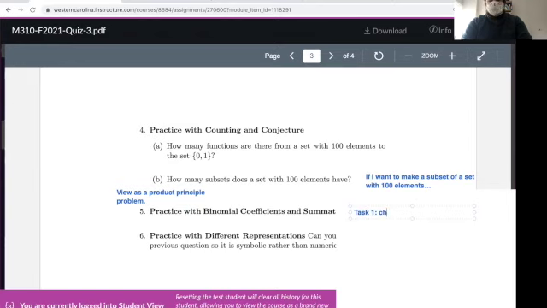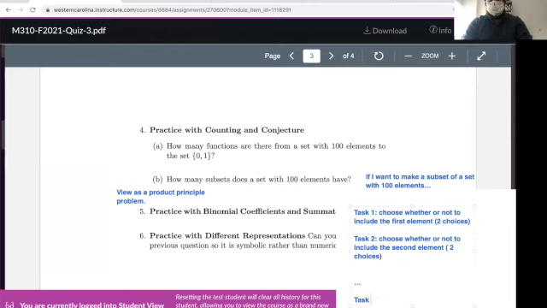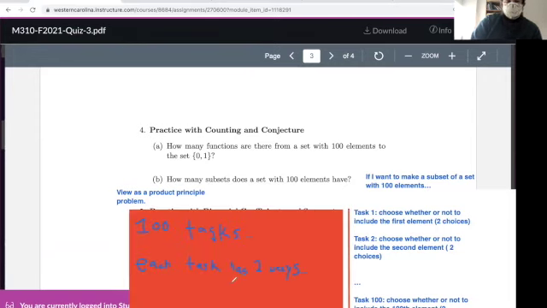So task 1, choose whether or not to include the first element. There are 2 choices. Task 2, same thing. Choose whether or not to include the second element. There are 2 choices. There are going to be 100 total tasks here, and each task has 2 choices. 100 tasks, each task has 2 ways.